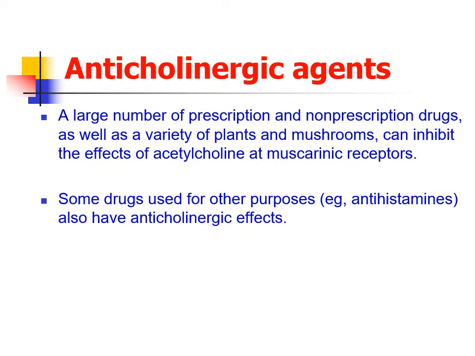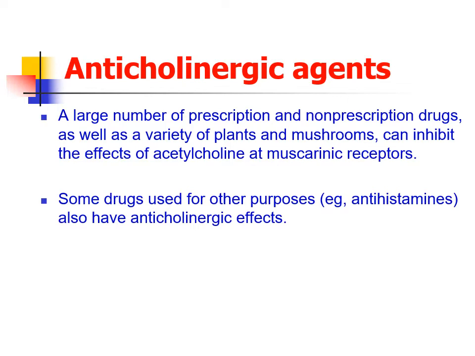At the parasympathetic nerve terminal or nerve endings, acetylcholine is released, and acetylcholine will act at muscarinic receptor. Anticholinergic agents can inhibit the effects of acetylcholine at muscarinic receptor.